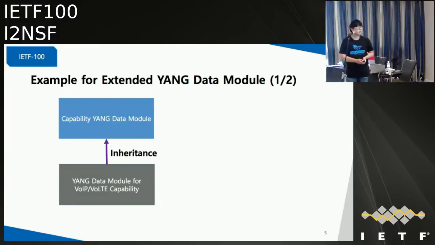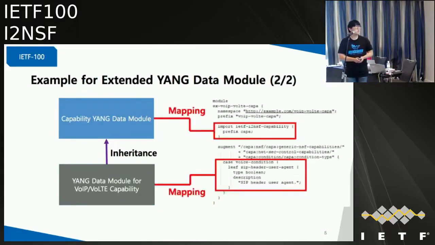Vendors can extend the capability YANG data model through inheritance if the capability YANG data model does not provide capabilities for the specific network security functions of vendors.